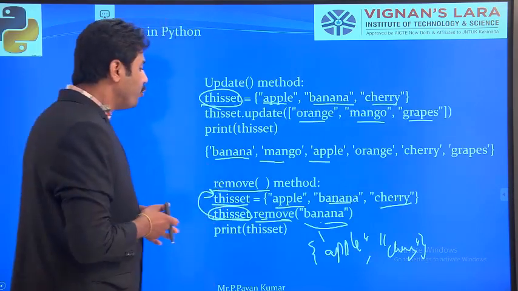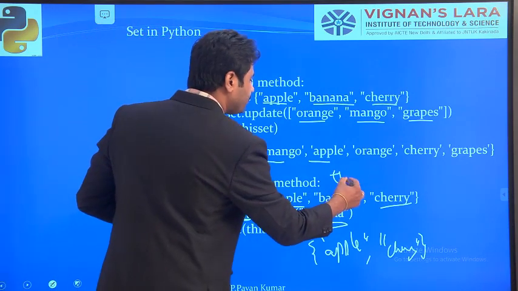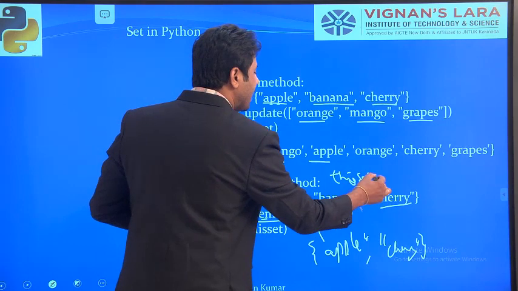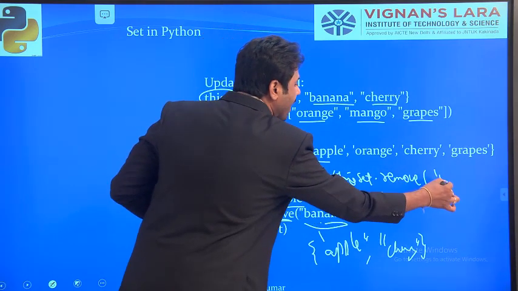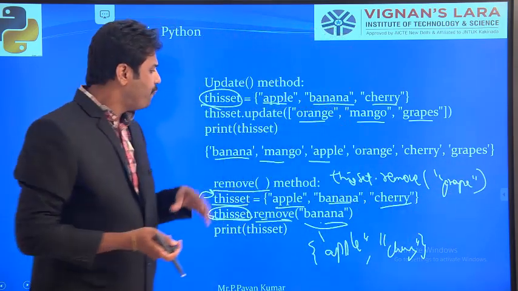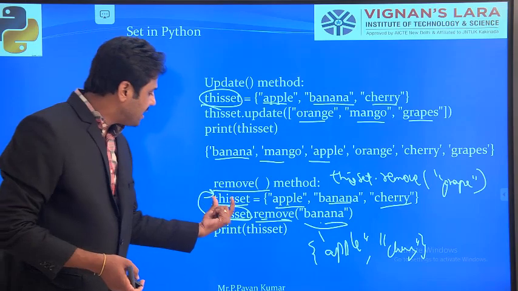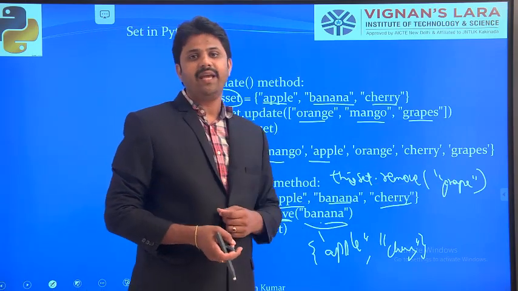But if you write a statement here, this set dot remove of grape, and the set contains apple, banana and cherry, it doesn't contain any grape.